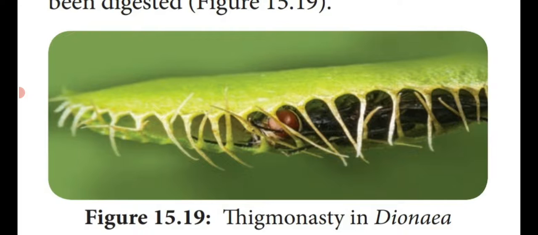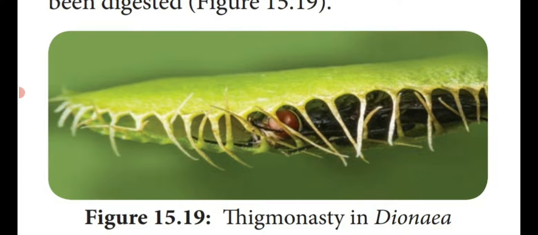Sorry, not Nepenthes, Utricularia. It is the insectivorous plants which are capturing the insects to meet out the nitrogen deficiency problem. Dear students, nitrogen is very much important for the formation of chlorophyll pigment.